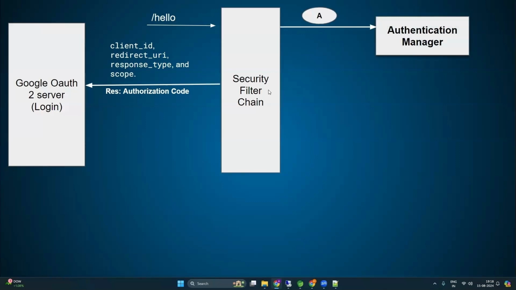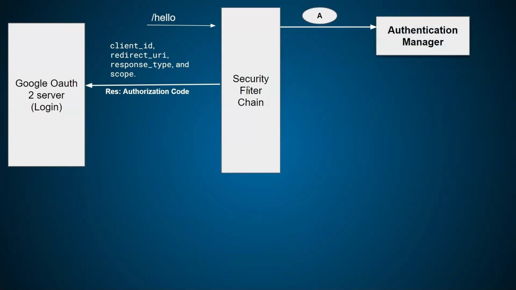There is a class called OAuth2 authentication token, something like that. Basically it's an authentication class. It creates an object of that class and stores the authorization code inside that authentication object, and it will provide it to the authentication manager.